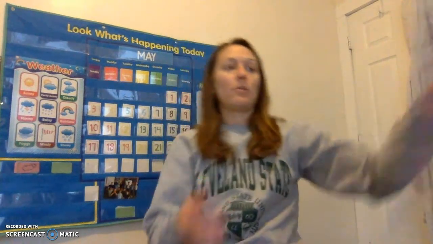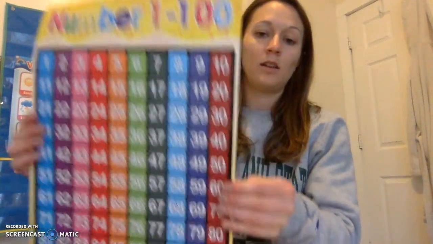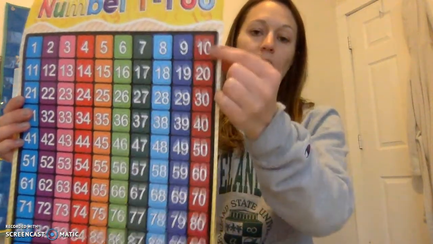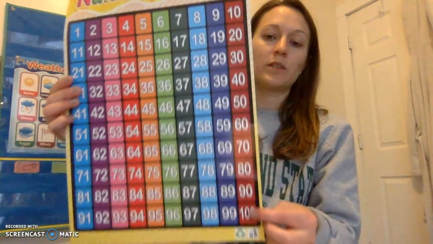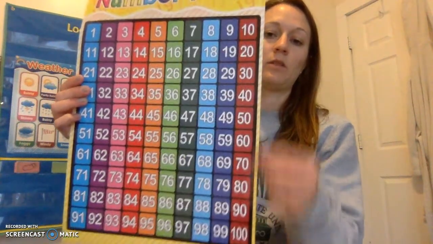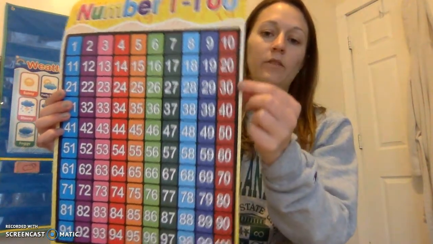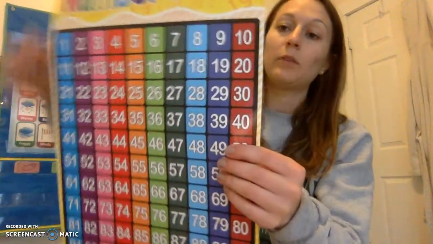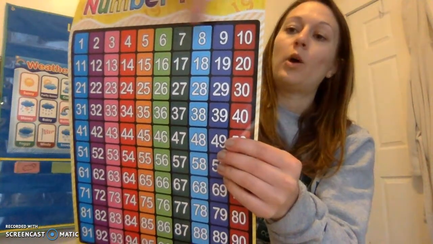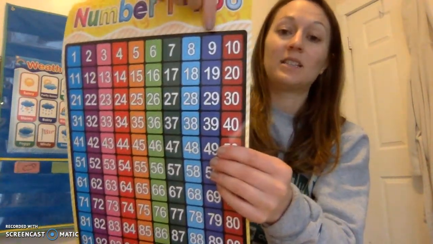Now, when we went over multiples of 10s, we can see they're all in that red line on this hundreds chart. So what do we notice about all multiples of 10? They all have a 0 in the ones place. We went over that one whole row in the hundreds chart means it's 10 ones.